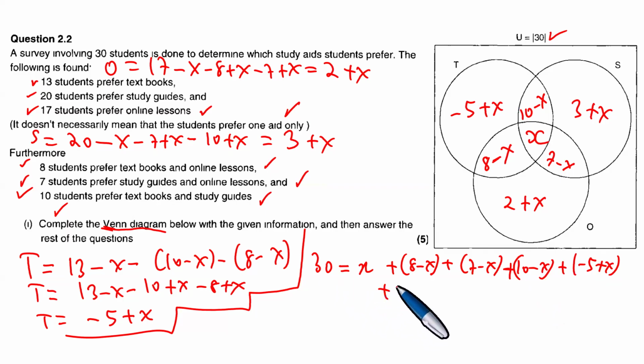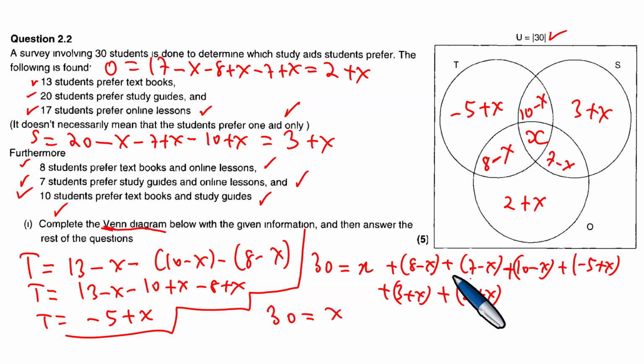Then 3 plus x, plus 2 plus x. And so what is all this here? We get 30 equals: x minus x is 0, minus x is minus 2x, plus x is minus x, plus x is 0, leaving us with only x.